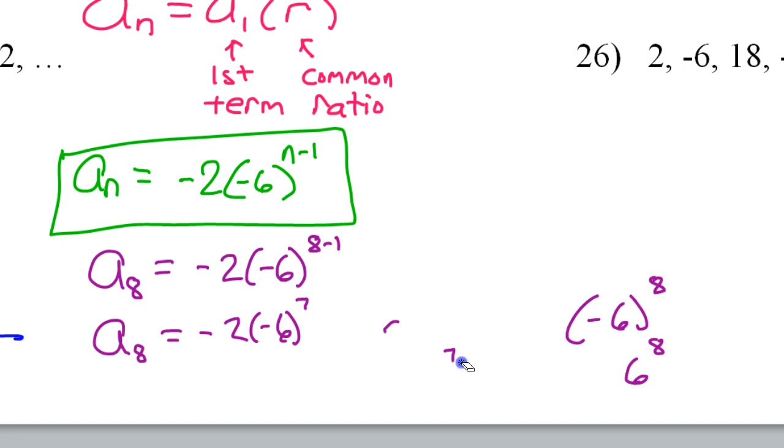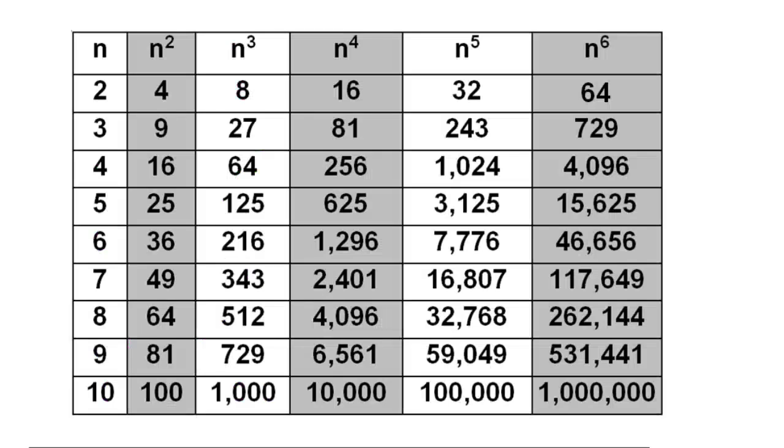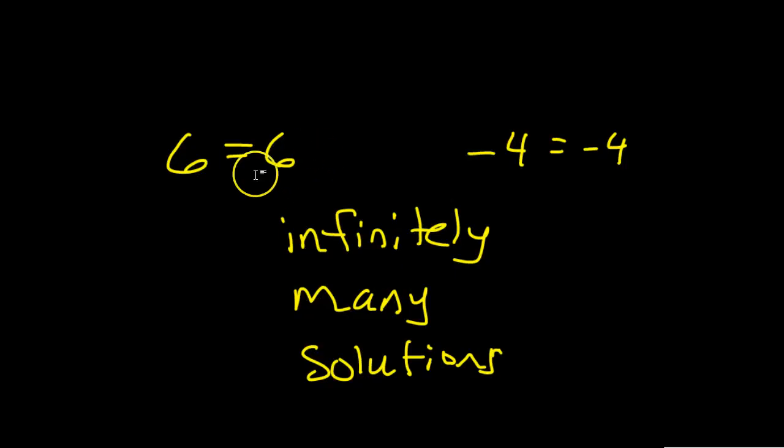So let's concentrate on figuring out the 8th term, which is going to be basically 2 times 6 to the 7th power. But this is too big. So let's take that 6 to the 7th power and work on it. Let's just split it up as 2 smaller powers.